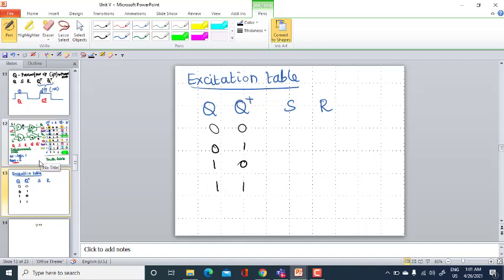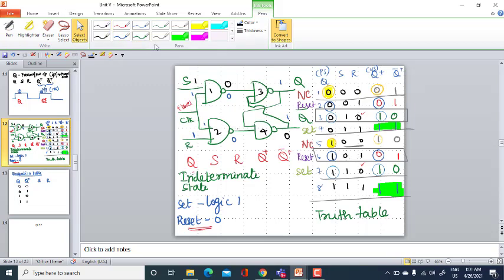Now let me go ahead with the previous table. Whenever my Q and Q plus is 0, what about my S and R? S takes the value of 0 and R takes 0 or 1, a don't care state. I don't know whether it is 0 or 1.